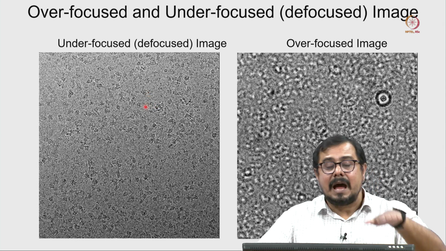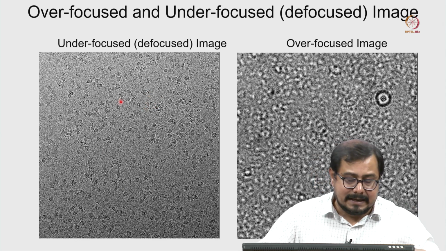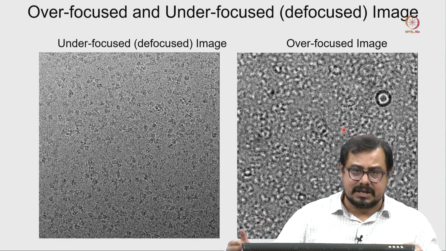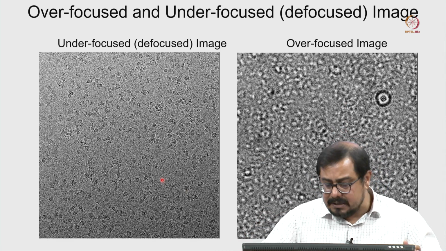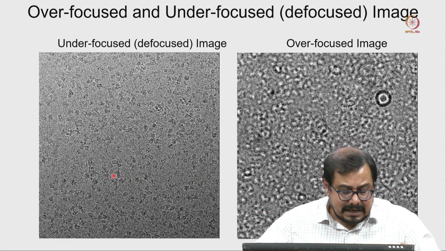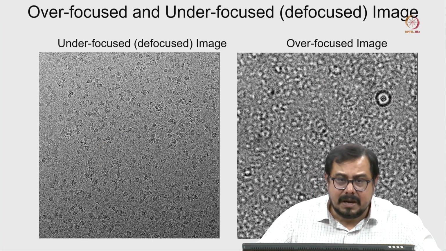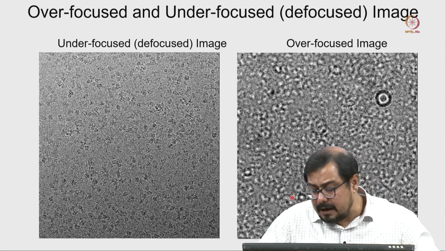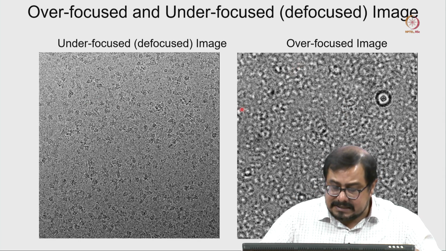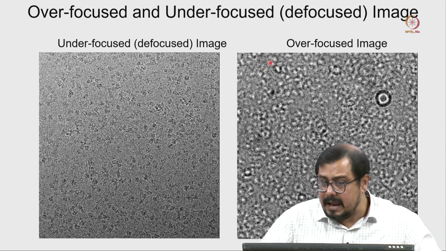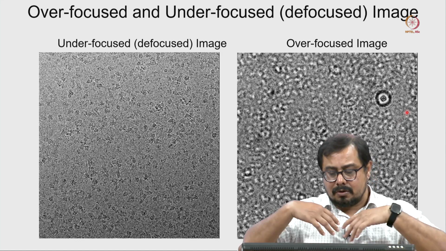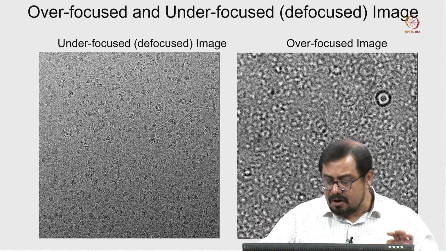But this is the under focused condition in which we are collecting data. Now I want to collect the same data in an over focused condition. Whenever I collect the same image in an over focused condition, you can see this entire image looks completely different. I cannot recognize my protein at all. So if you suddenly collect your sample in an over focused condition, the protein will appear in a completely different way, and the contrast will be inverted.